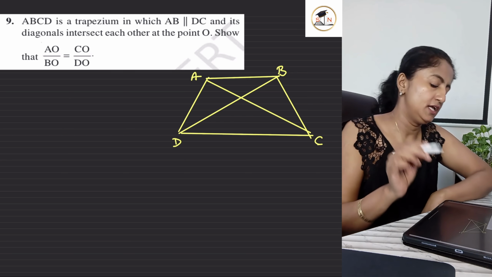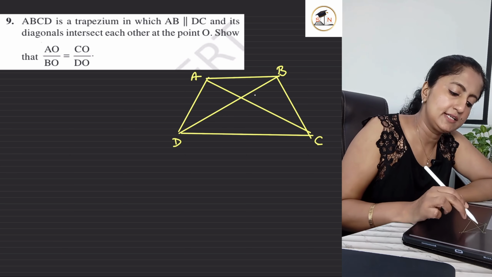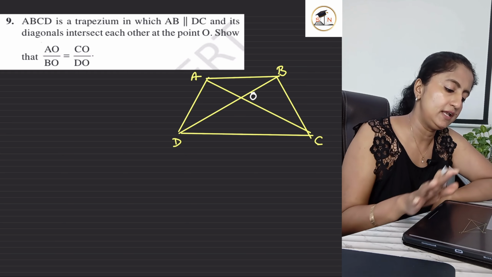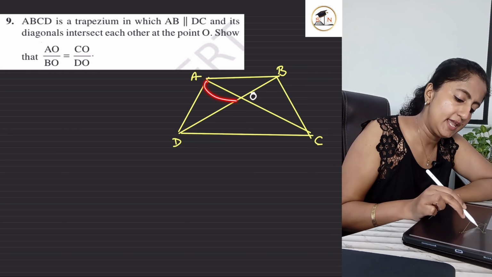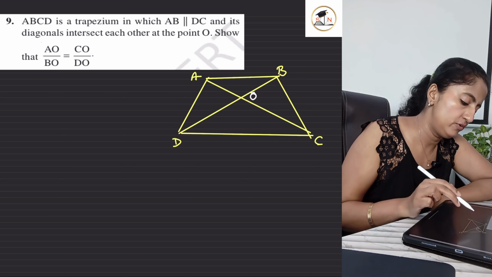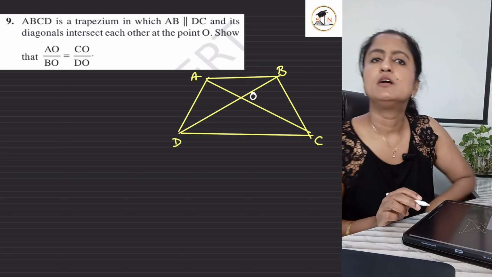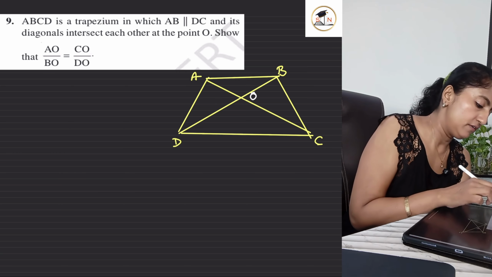Okay, now we had marked it, and along with that, the question said the diagonals are intersecting at a point O. Right? Figure is done, labeling is done. Now, what are we supposed to prove? That AO over BO equals CO over DO. We are supposed to prove about the ratio of the diagonals over here, right?